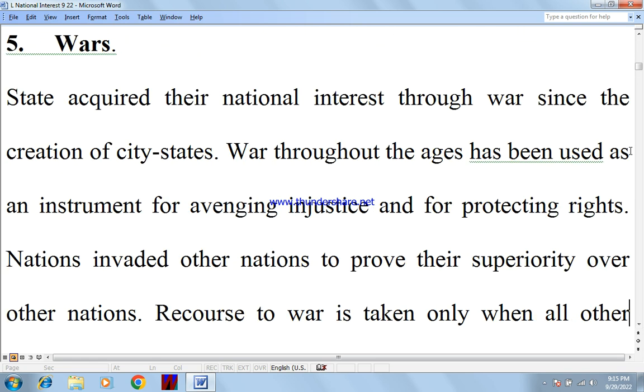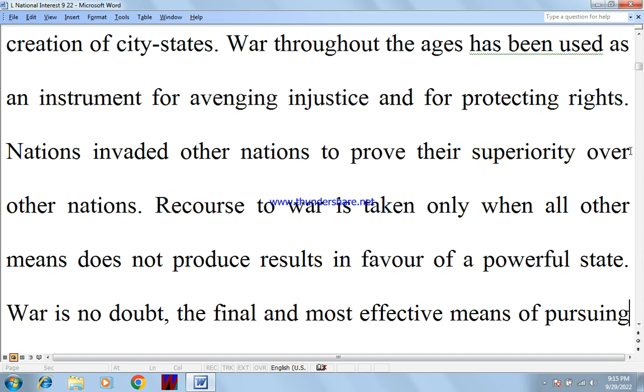Number 5 method is war. States acquired their national interest through war since the creation of city-states. War throughout the ages has been used as an instrument for avenging injustice and for protecting rights.